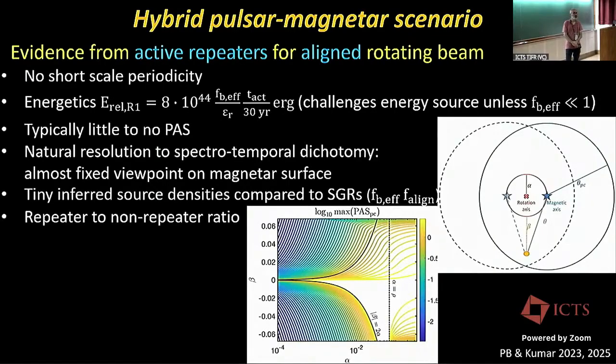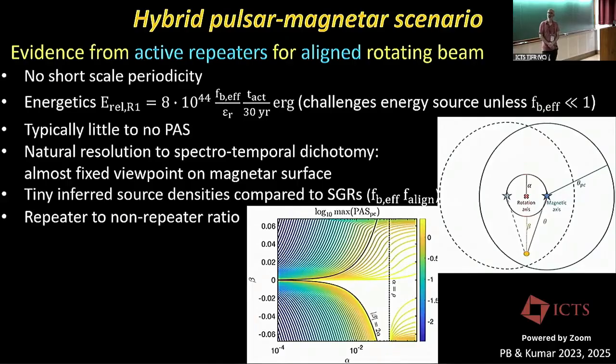It explains why we don't see short timescale periodicity. This has been a puzzle for a long time in fast radio bursts. Why, if FRBs are associated with magnetars, don't we see a second or sub-second periodicity, which we expect those sources to have? If they're always along the line of sight, then you won't see that in the arrival time data. They're always on as far as you're concerned.